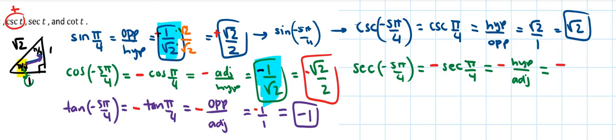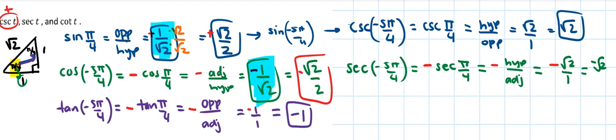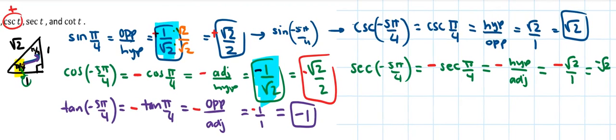So that will leave us with square root of 2 over 1. And again, because we have 1 in the denominator, we should just have negative square root of 2. I'm going to rewrite that a little nicer for y'all. Here we go. So negative square root of 2.